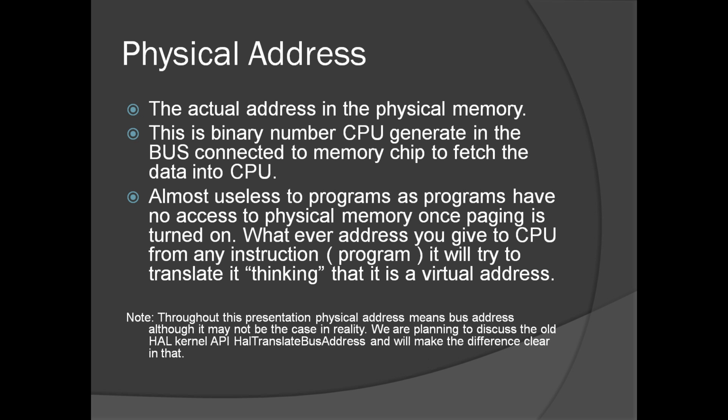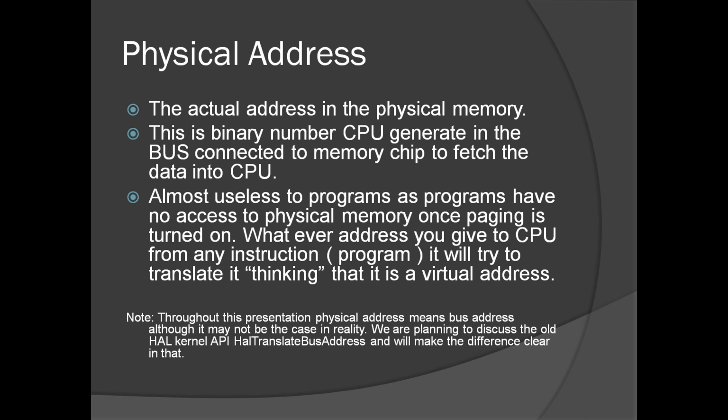Now let's try to understand what is a physical address. The actual address in the physical memory. So you have the RAM chip, the chip which is connected to the motherboard of the computer. The physical address is the address of each memory location inside that chip. Physical address is a binary number the CPU generates on the bus, or the wires connected to the memory chip, to fetch the data into the CPU.